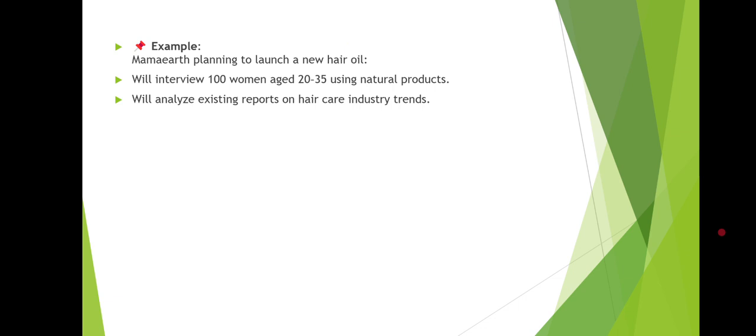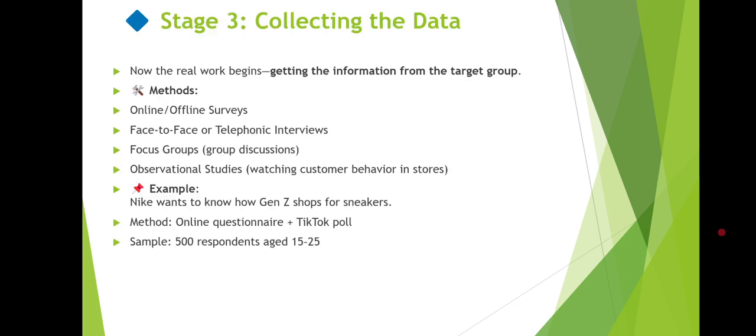For example, Mamaearth, planning to launch a new hair oil, will interview 100 women aged 20 to 35 using natural products. Here, they considered women of a particular age group, 20 to 35, as a sample, and after that, they will analyze existing reports on hair care industry trends.